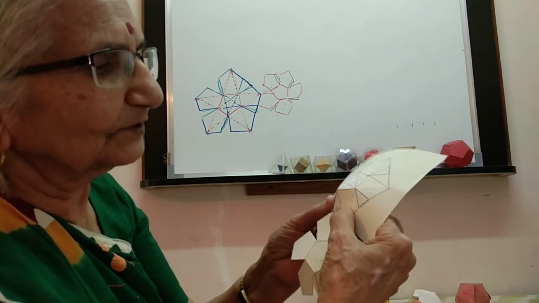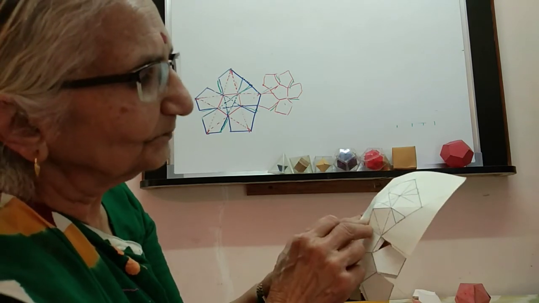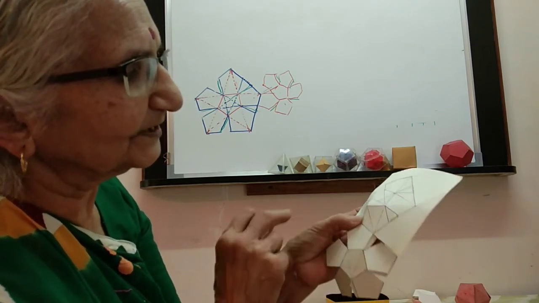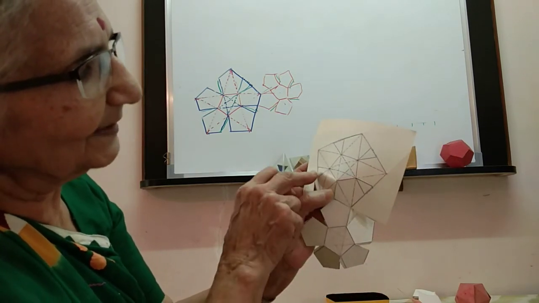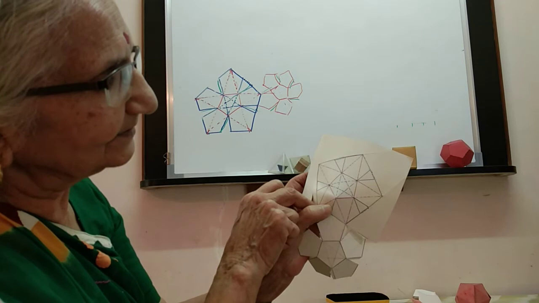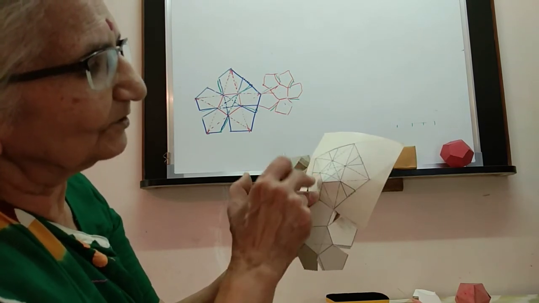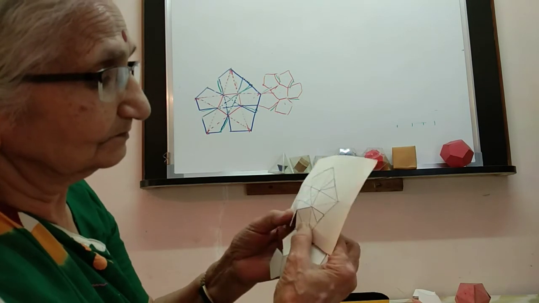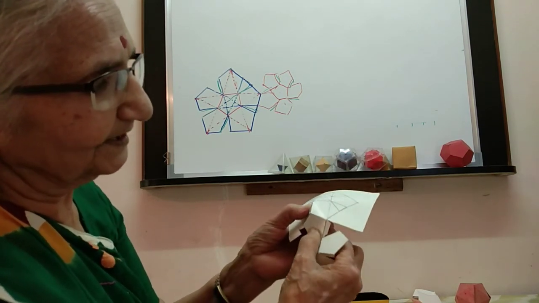But it will go like this. The cut part will go and on the tab this will fit in. So I will have one pentagon here, the other pentagon is here, under my thumb, this one here. These two are two adjacent pentagons there, and this will go in there.